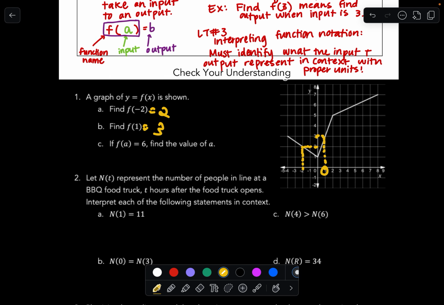Then it says if f of a equals 6, find the value of a. So we go up here, here's the output equal to 6. I'm just looking and I see that at y equals 6, the graph is at an input value of 6.